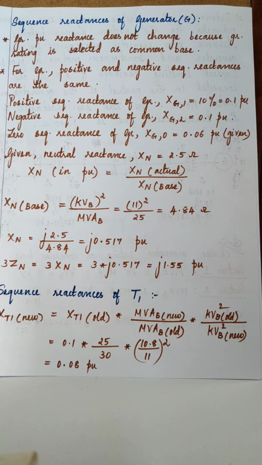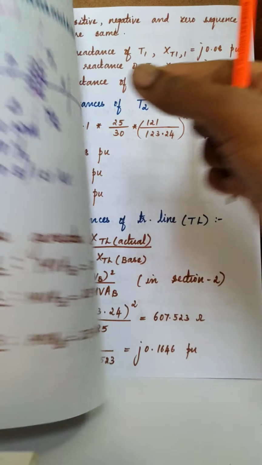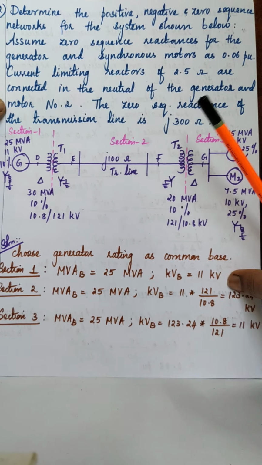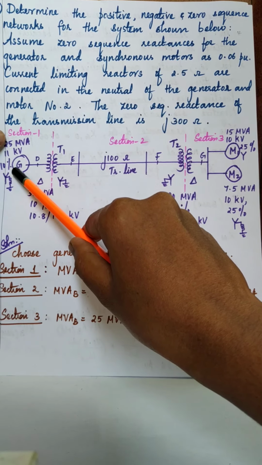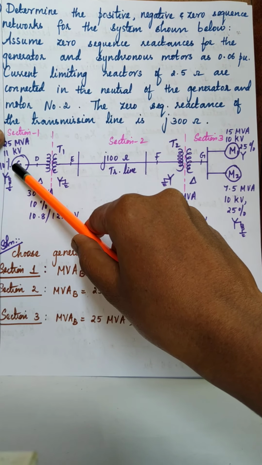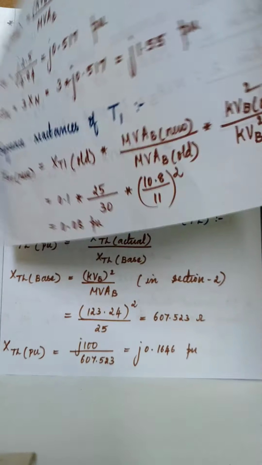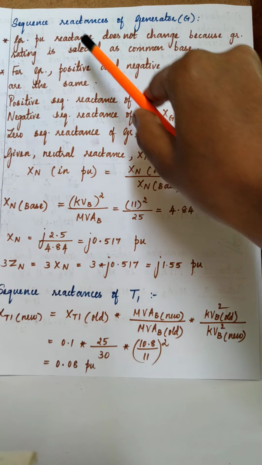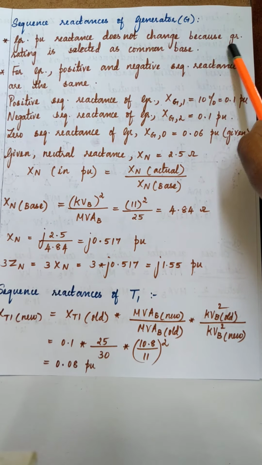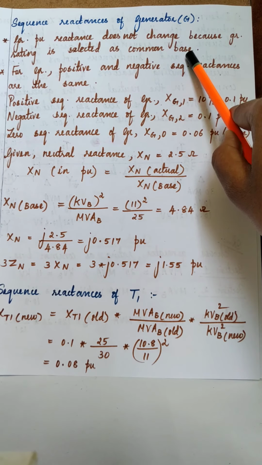X per unit new and X per unit old will be the same. Given in the network, the reactance of generator is 10%, so in per unit it will be J.1 per unit.